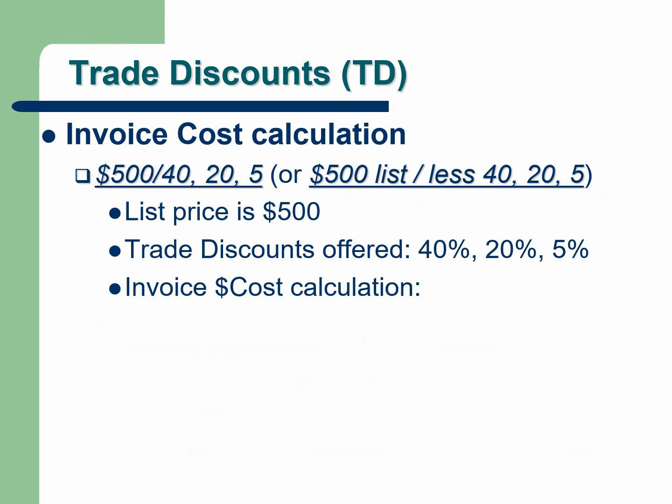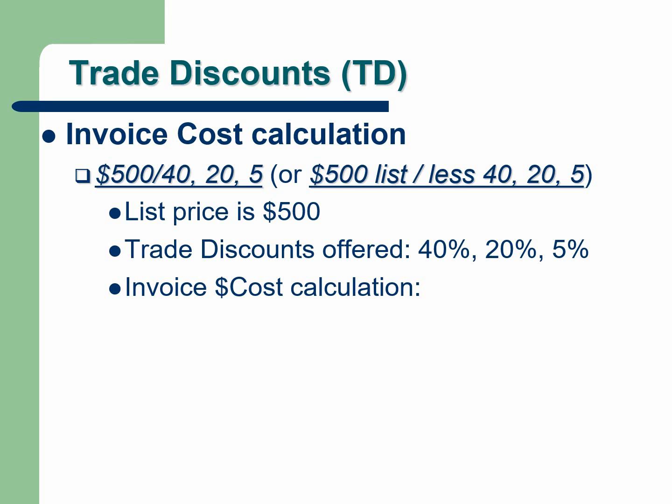In this example, let's say the list price was $500 for an order, and three trade discounts were offered: 40, 20, and 5%. That would be written as $500 list, less 40, less 20, less 5.